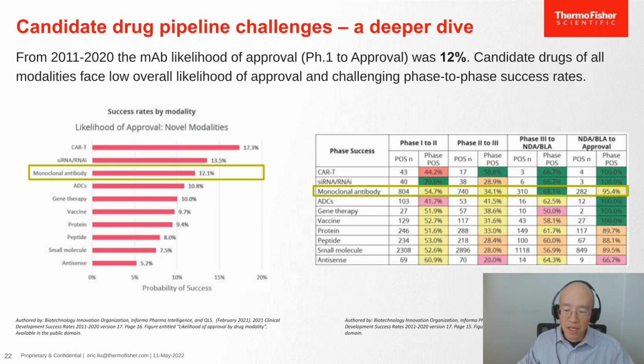Looking phase by phase, shown on the table on the right, mAbs had a 55% probability of success from phase 1 to 2, a 34% success rate from 2 to 3, and a 68% rate of success from phase 3 to NDA BLA, with almost 100% success rate for final approval from NDA BLA.